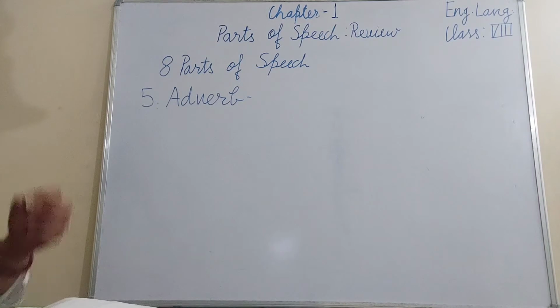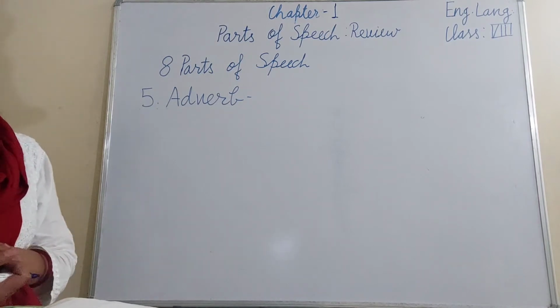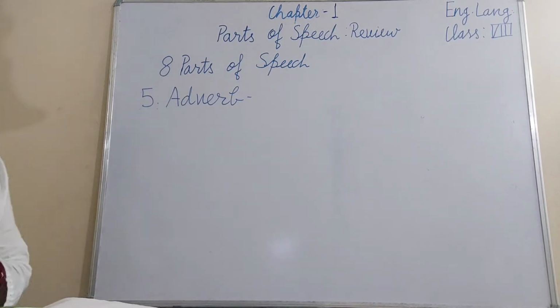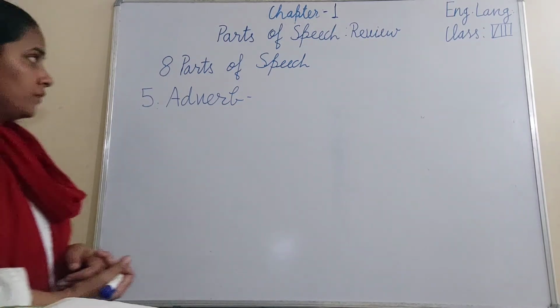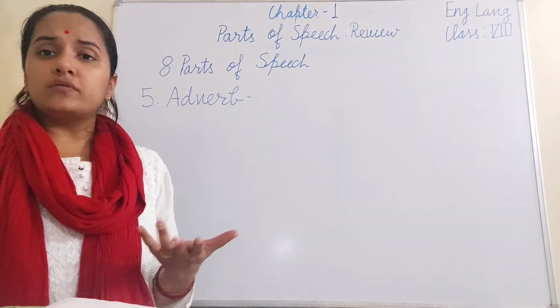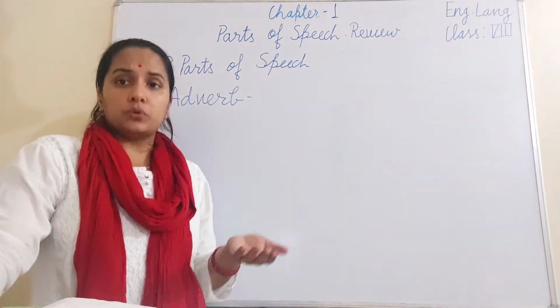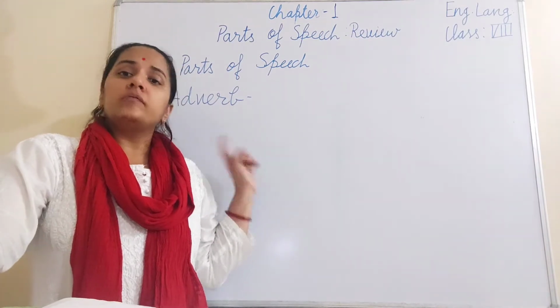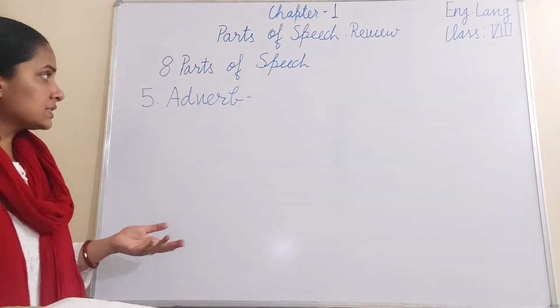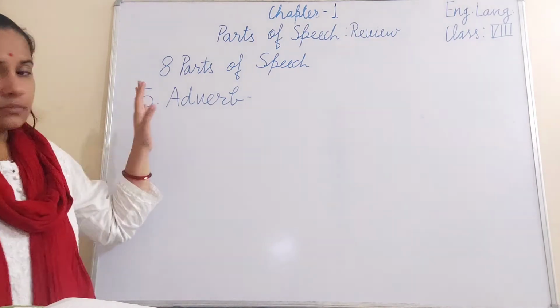The adverb is a word that mainly describes or gives more information about a verb. Like the adjective describes or gives more information about the noun and the pronoun, the adverb gives more information or describes the verb.